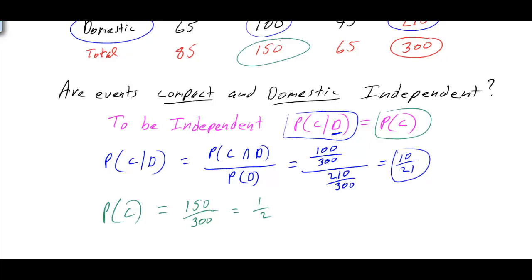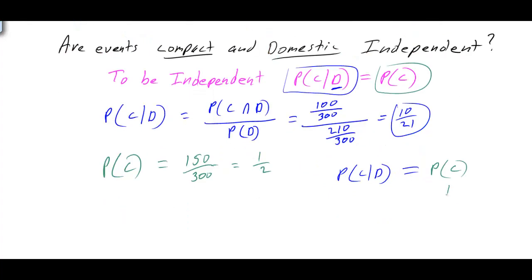So we need to compare the probability of compact given domestic. Does that equal the probability of a compact car? Well, the probability of a compact we said is 1/2. Is that going to be equal to the probability of compact given domestic, which was 10 out of 21? And because these are not equal, then that means they are not independent.